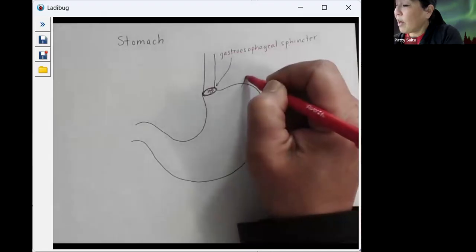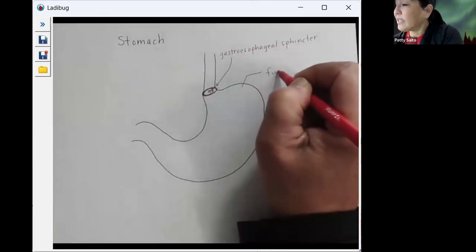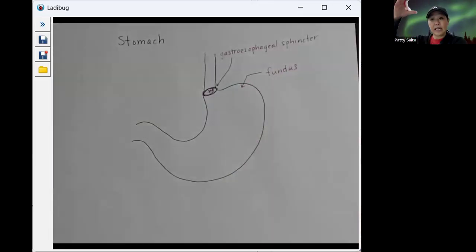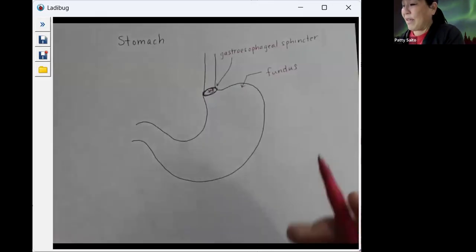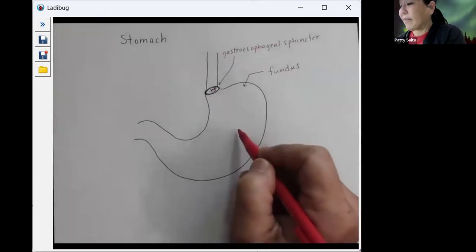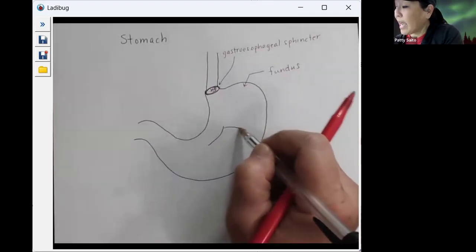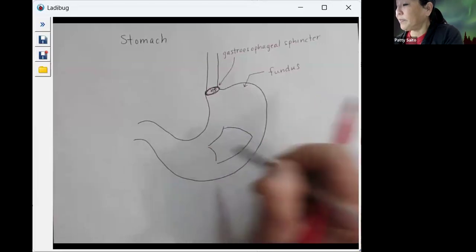This area here is called the fundus. Fundus is this region that kind of comes up. In the uterus, we have a fundus too that moves upward. It means to pour, so I'm not really sure how that came to be. We have the body of the stomach here. I'm going to open the stomach up because we're going to look at structures within it also.